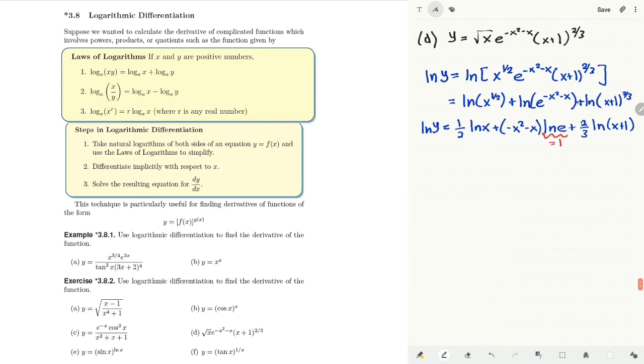And now we'll use implicit differentiation. So the derivative on both sides with respect to x.